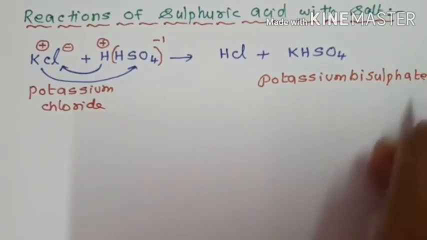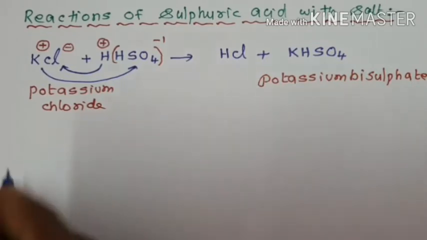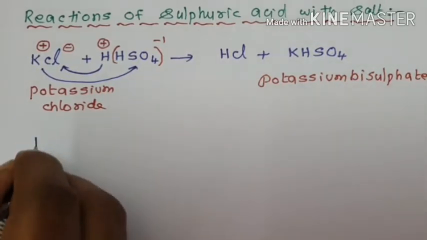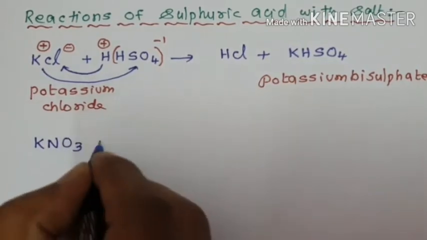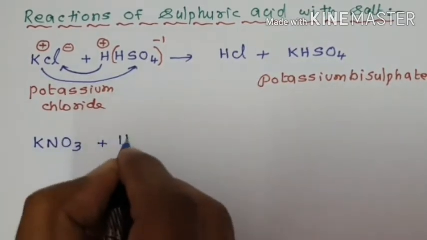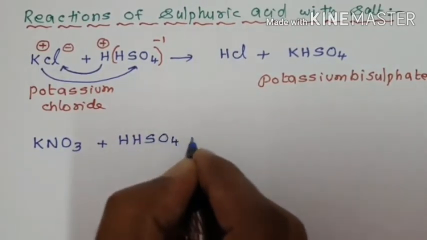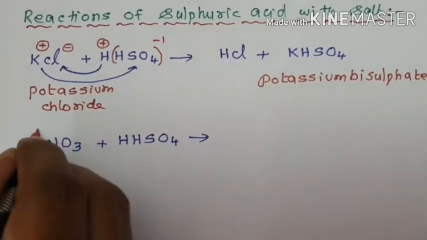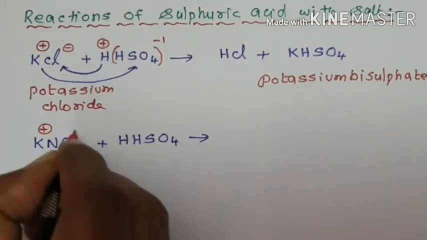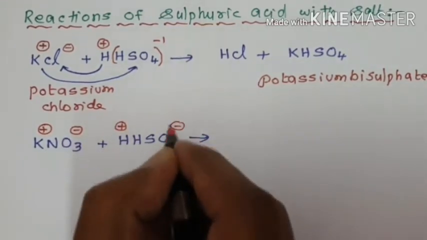KHSO4. It also undergoes reaction with KNO3. Potassium nitrate, KNO3, when treated with sulfuric acid, H2SO4, undergoes ionization to give K plus, NO3 minus, and H plus, HSO4 minus.